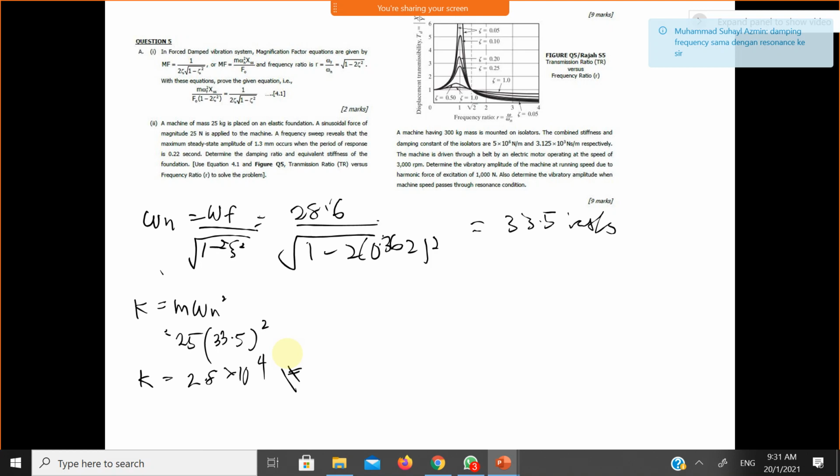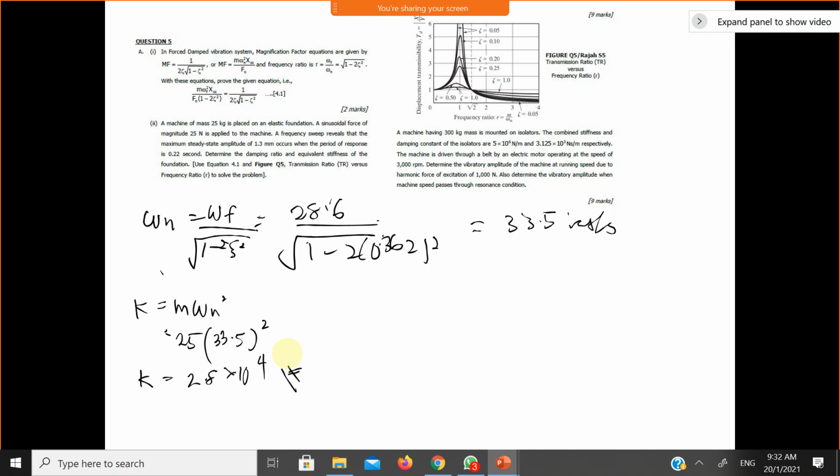Is damping frequency the same as resonant frequency? Damping frequency is omega D. Natural frequency is omega n. Alright, they are not the same. Damping frequency we normally use in free damped 1 degree of freedom. Omega D equals omega n times the square root of 1 minus zeta squared, isn't it? So that is our formula. That only applies for free damped 1 DOF.